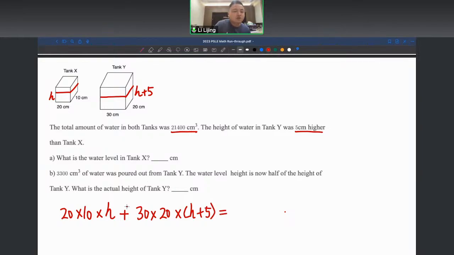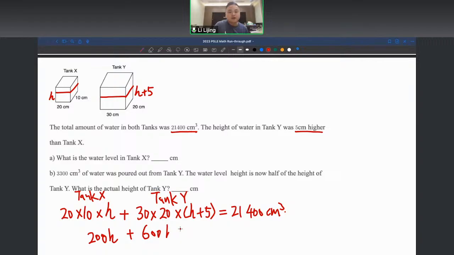So this is tank X and this is tank Y. You add them together and it is equal to 21,400 cm3. If you open the bracket, the left side is 200H, and the right side will be 600H plus 3000, equal to 21,400.